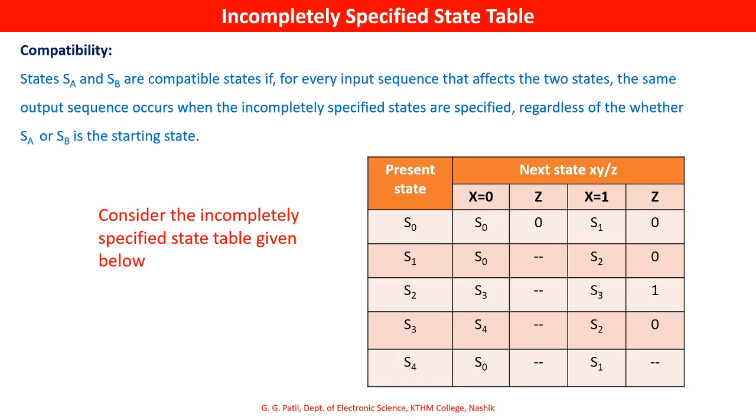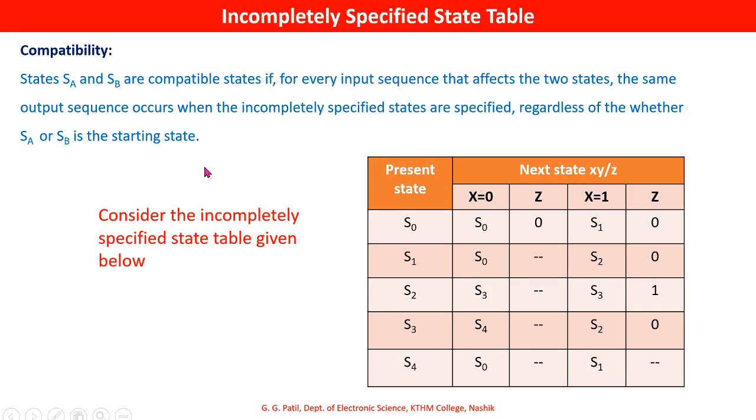First of all, the definition of compatibility is given. Two states SA and SB are compatible if for every input sequence that affects the two states, the same output sequence occurs when the incompletely specified outputs are specified, regardless of whether SA or SB is the starting state.